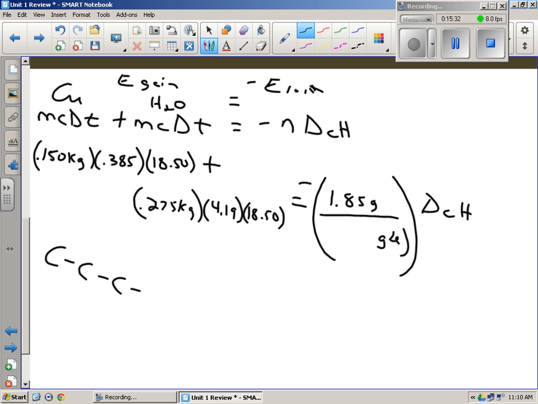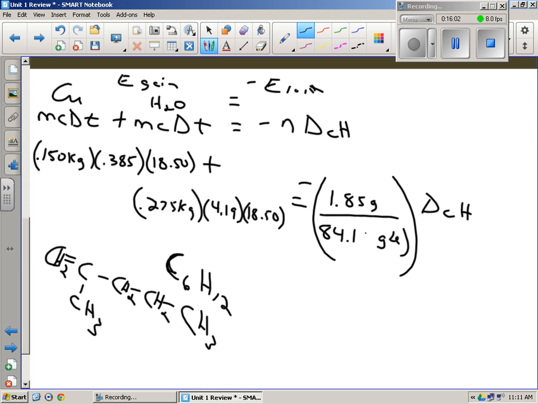So pent, right? 1-ene, like that, 2-methyl, CH3. So we need 2 there, that's got 4, that's got 4, that's got 4, that's got 4. The formula for that works out to be C6H12. The molar mass of that is 84.18. So we can fill that in there.